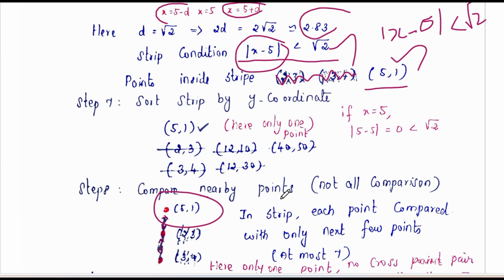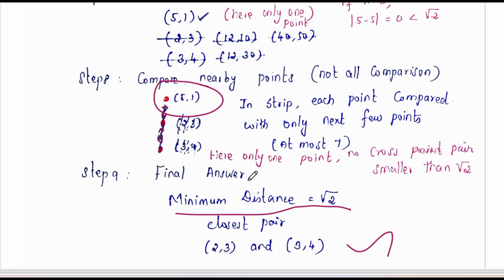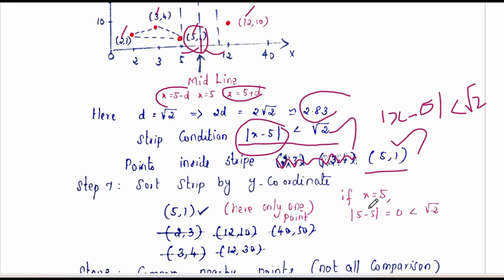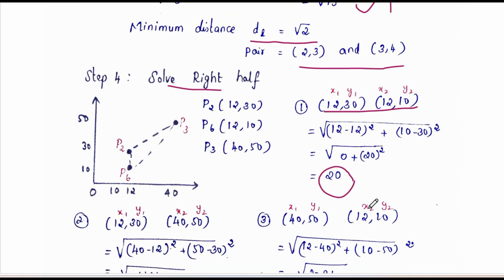But here only one point is there, so we cannot find the minimum distance of nearby points. So the minimum distance is root 2 and the closest pair is (2, 3) and (3, 4). No more competition is there, so we end up with this answer.